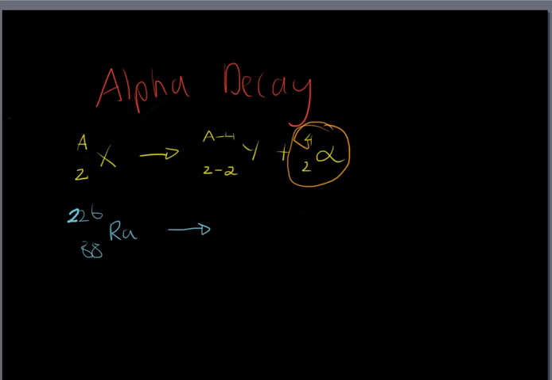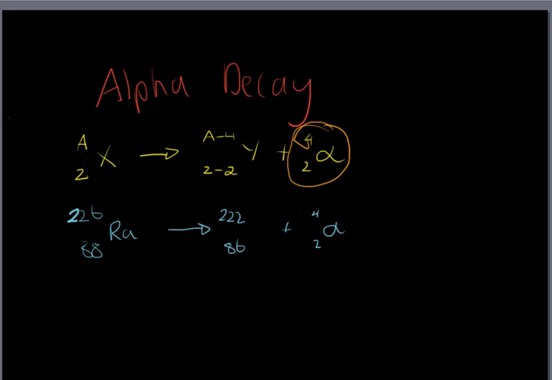We know that we're going to end up with an alpha particle, mass number 4, 2 protons. Now you can work backwards whichever way you want to do with this one, but what we know we're going to end up with on this side is Z minus 2, 86, and the mass number is going to be 226 minus 4, 222.